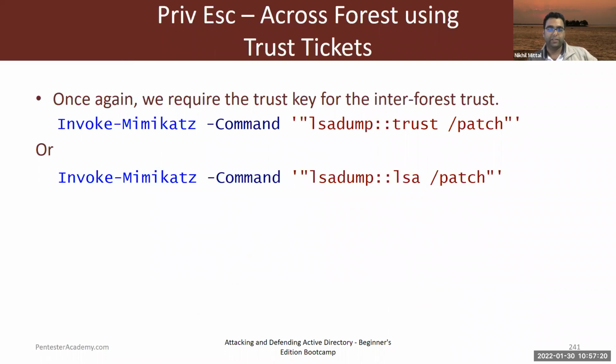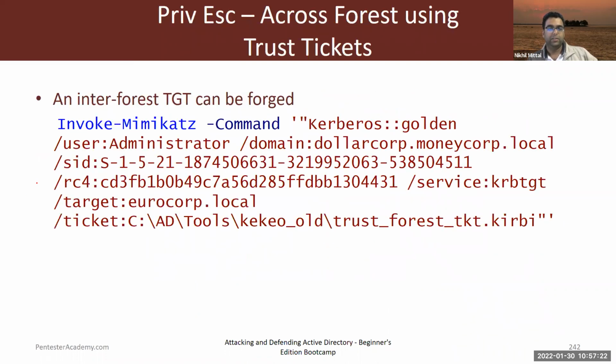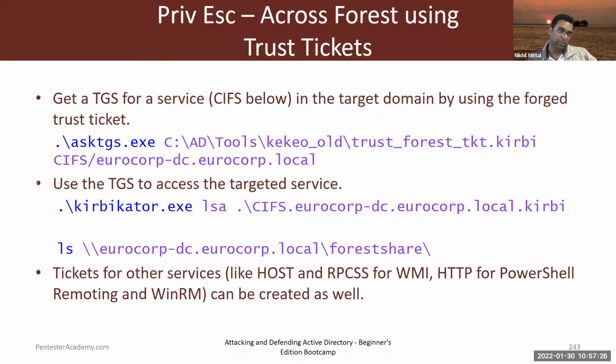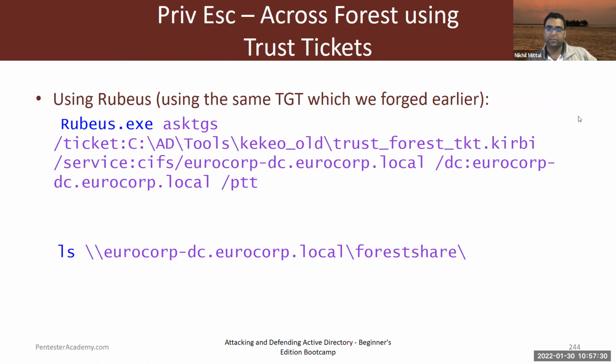You extract the trust key, then you forge an inter-realm TGT, then you use either Kekeo or Rubeus to access the resource. However, you would see that when we are requesting a TGS for the other forest, and if let's say we go for the CIFS service, we can access only explicitly shared resources.